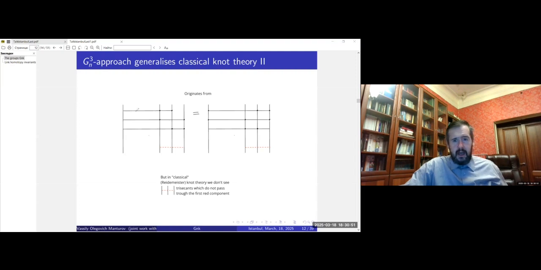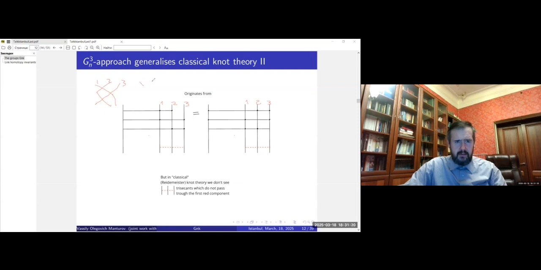So you see, how does the Reidemeister move look here? The Reidemeister move looks like this. So we have three strands, 1, 2, and 3. And we have three crossings, 1 2, 1 3, and 2 3. So this is the standard Reidemeister move for knots.